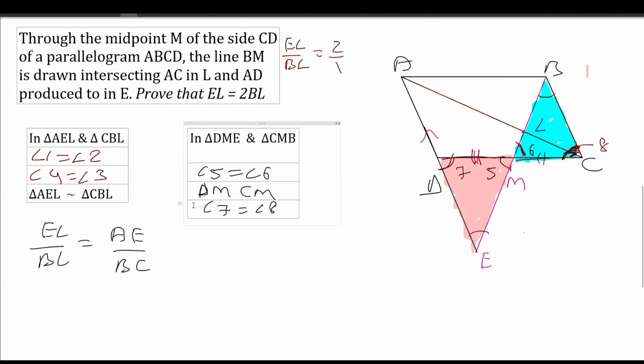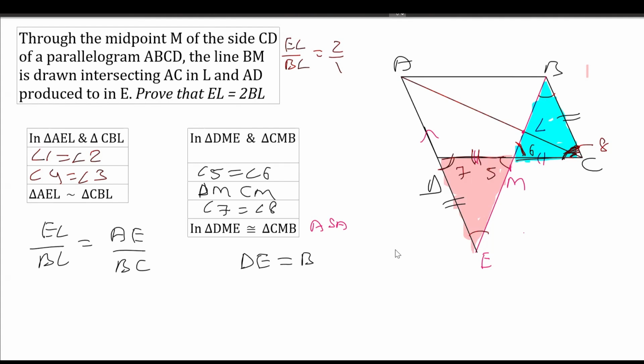So this is clearly congruent, and the congruence condition is angle side angle, ASA. Once the triangles become congruent, we can write their corresponding sides equal. So the sides which are going to be equal are these two. That means DE is equal to BC.